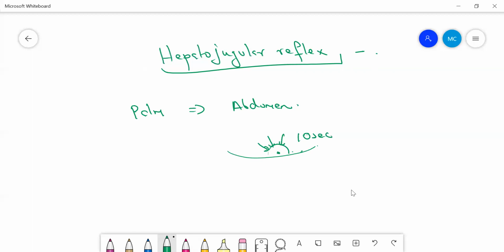When you apply the pressure, immediately when you examine the jugular pulse, you'll find that the upper level of the jugular pulse moves upwards. While you are applying the pressure, when you look at the patient's jugular pulse, you will find that the highest level of the jugular venous pulsation has moved upwards.